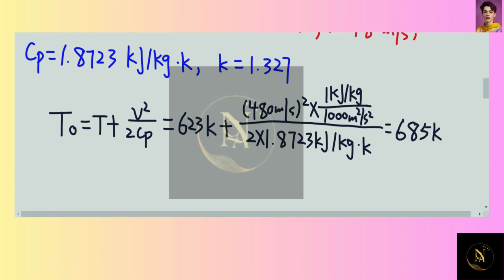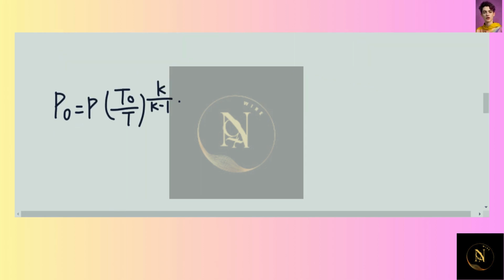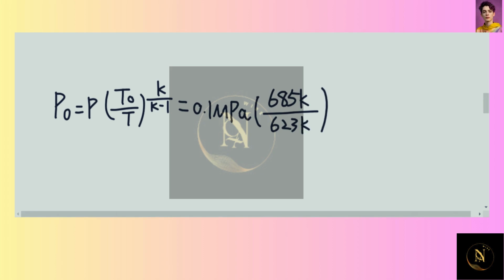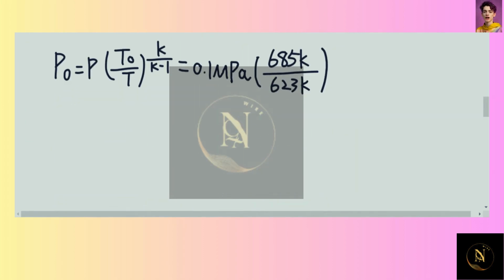So now let's determine the stagnation pressure. Let's plug in the values. We have the static pressure, which is 0.1 megapascal, multiplied by 685 Kelvin divided by 623 Kelvin to the power of 1.327 over 1.327 minus 1.